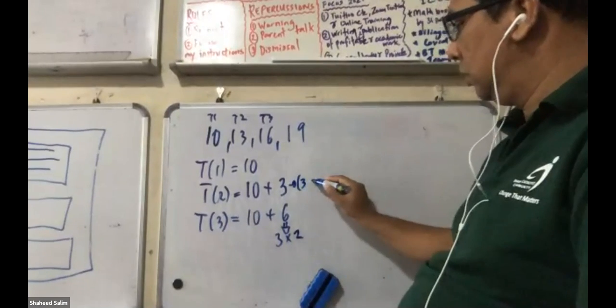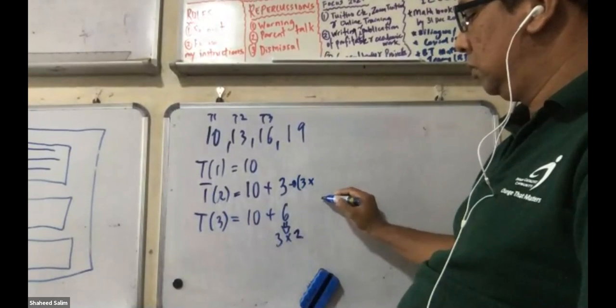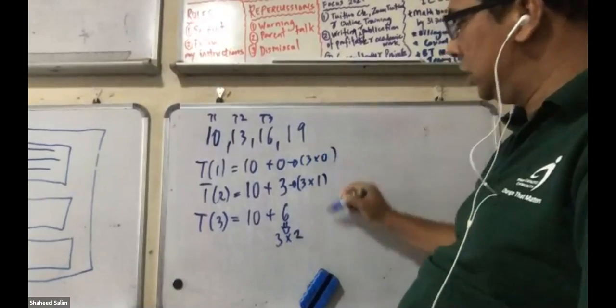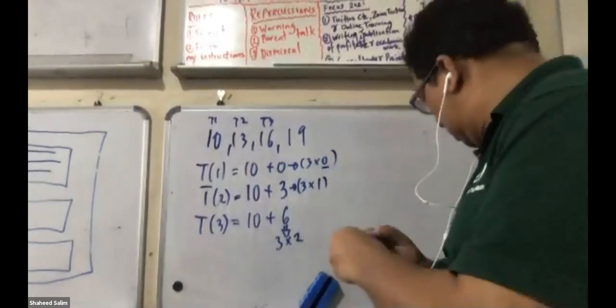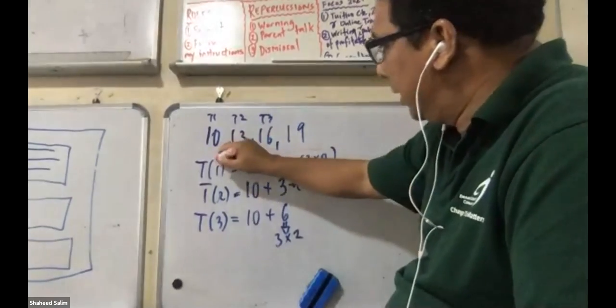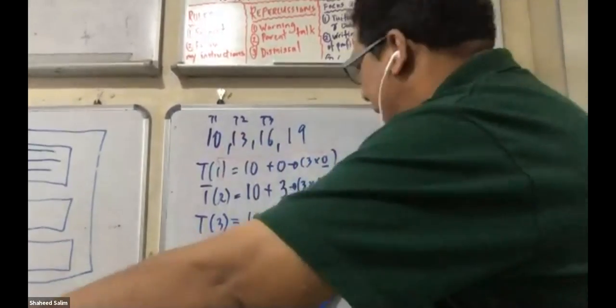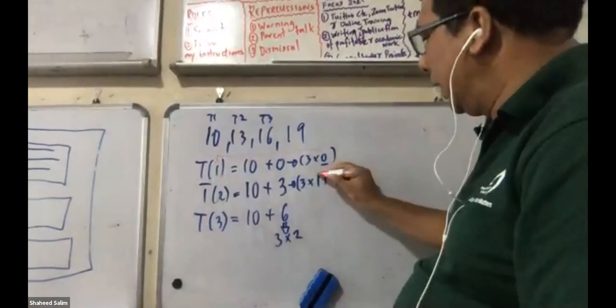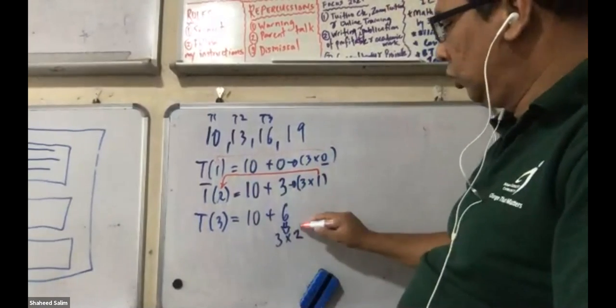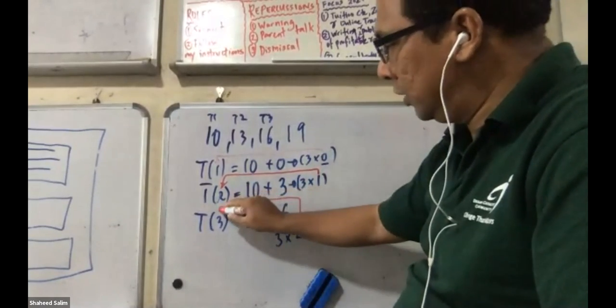This one will be 3 times 1. This one down here, 0, is 3 times 0. Can you see now? 0 is 1 less than 1. 1 is 1 less than 2. 2 is 1 less than 3.